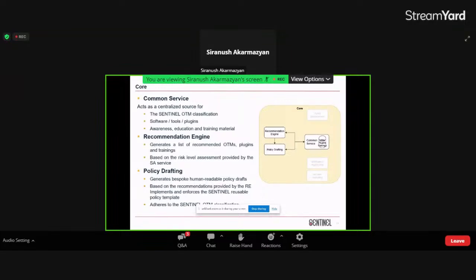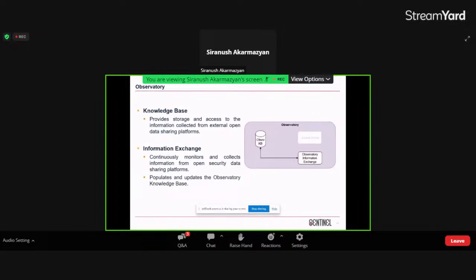The basic component of this module is the recommendation engine, which generates a list of recommended OTMs, plugins, and trainings, and recommends them to these SMEs in order to start executing these recommendations and become GDPR compliant. And also the policy drafting, another component of this module, which generates human-readable policy drafts based on these recommendations and implements and enforces the Sentinel reusable policy template.